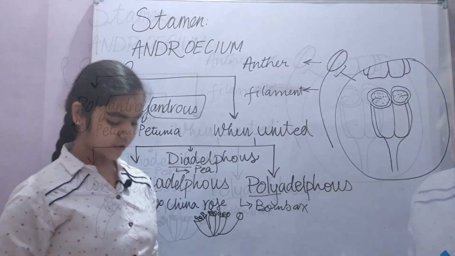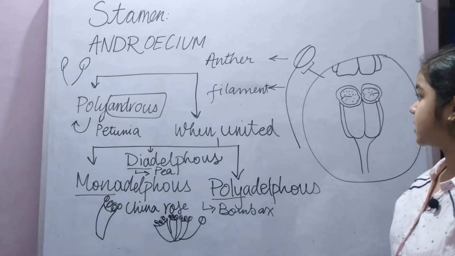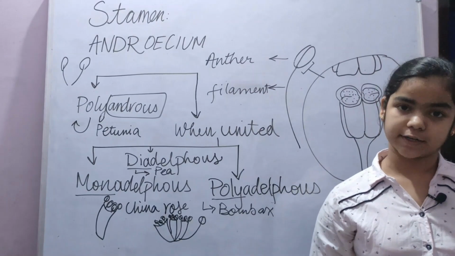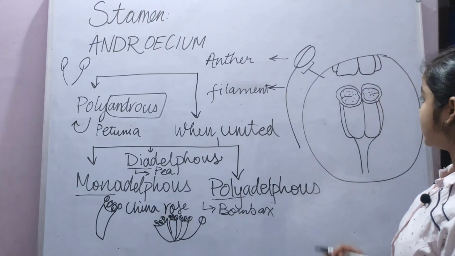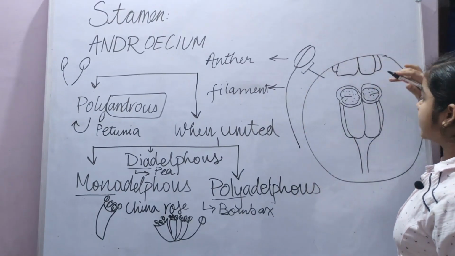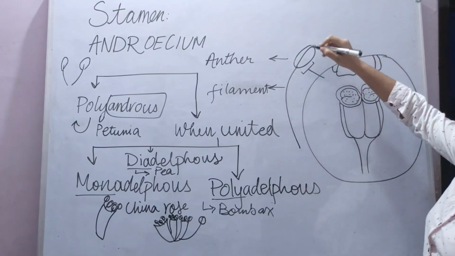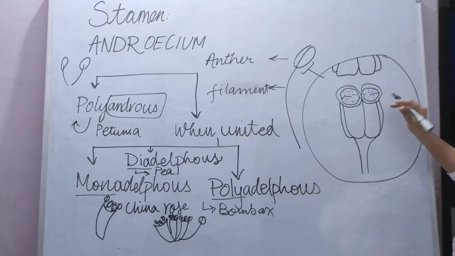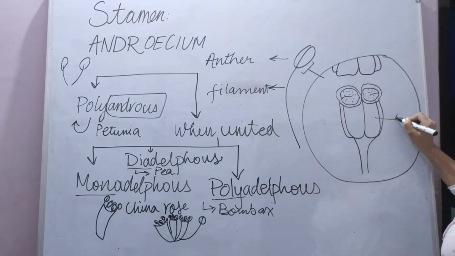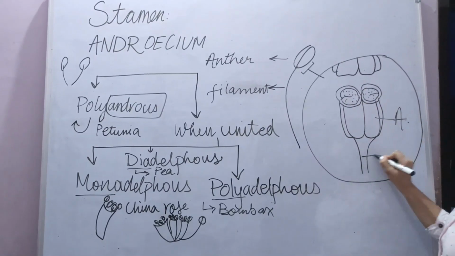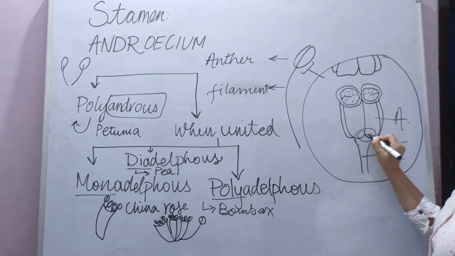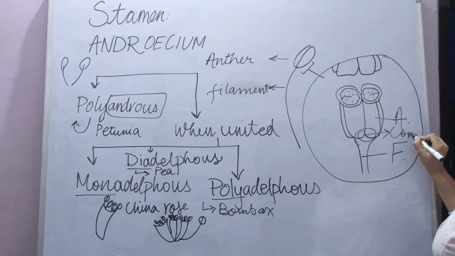Now let's see this structure. When we talk about the male part, it simply does not mean any structure like sepal or petal, right? So there will be something more. As here the anther, zoom this part, you will see this is the anther and this is the filament, and here the connection is made. So this is connective.